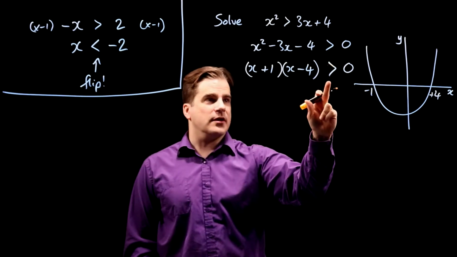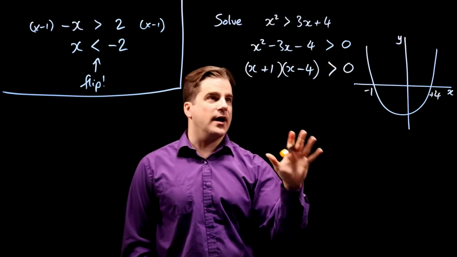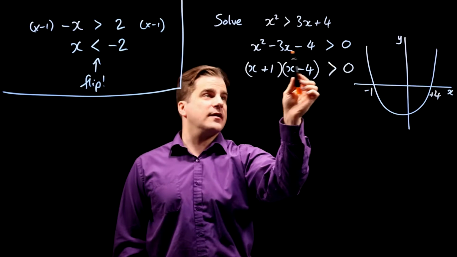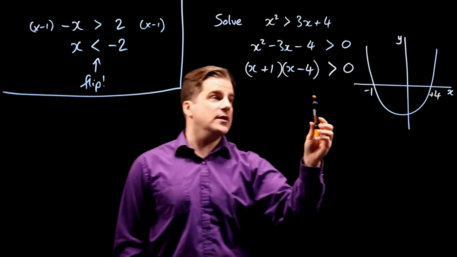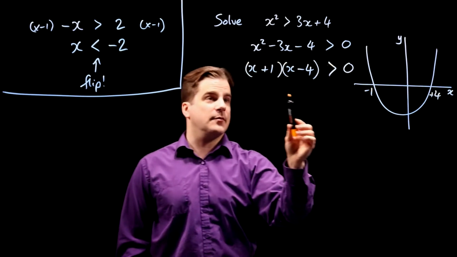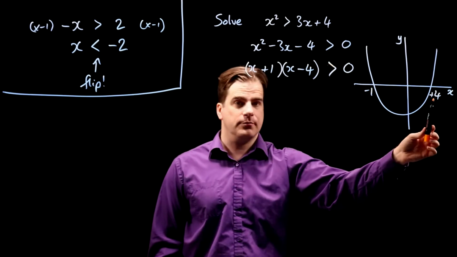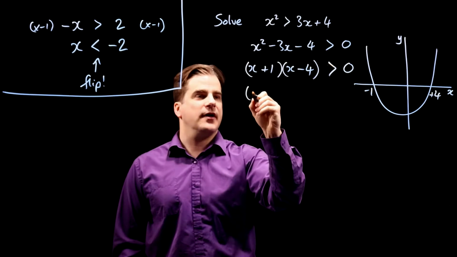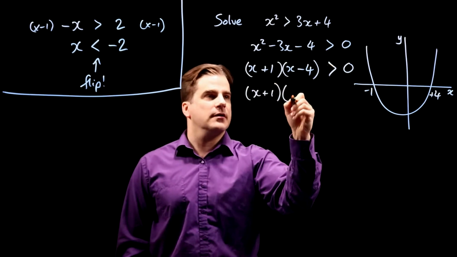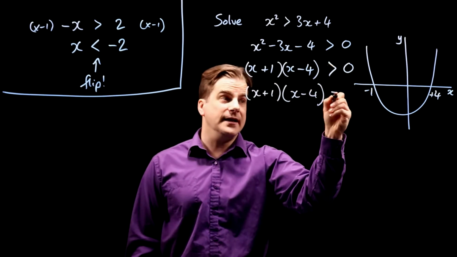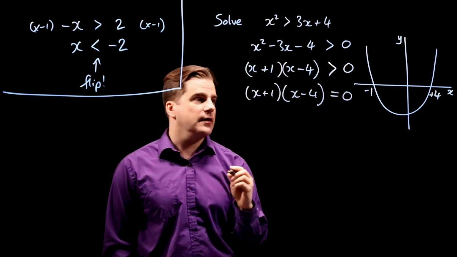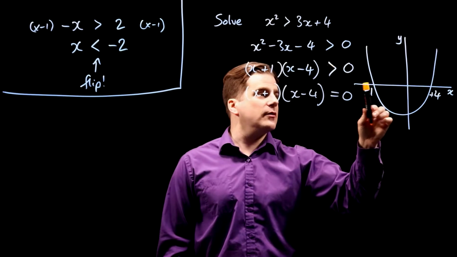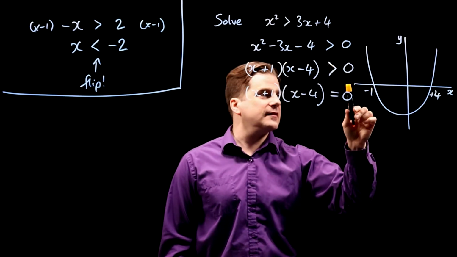But it's an inequality. So what does that mean? Well, we've sketched it: x squared minus 3x minus 4 looks like this. We know that it crosses the x-axis at the points minus 1 and plus 4. I'll just quickly go over why. If you had x plus 1 and x minus 4 equals 0, it equals 0 on the x-axis.